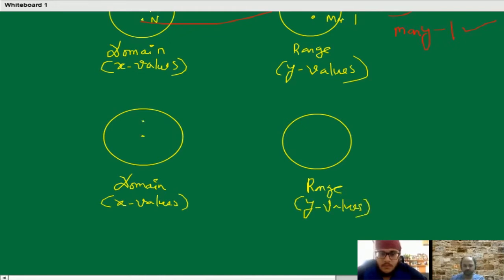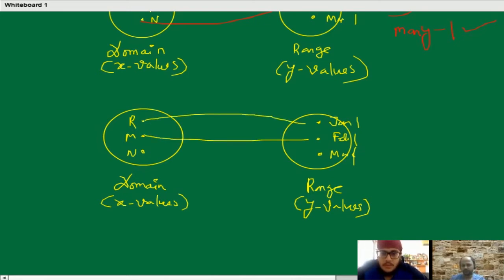There are three persons: Ronaldo, Messi, Neymar. There are three different dates: Jan 1, Feb 1 and March 1. Now if we say that the birthday of Ronaldo is on 1st Jan, of Messi on 1st Feb and of Neymar on 1st March, is it possible?